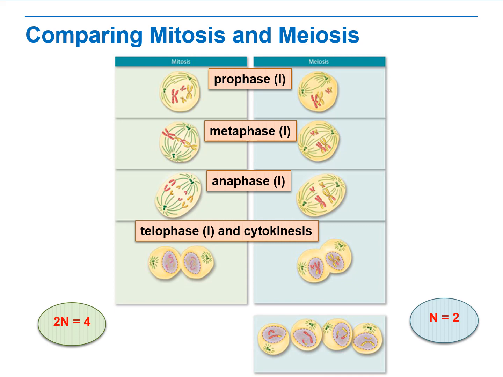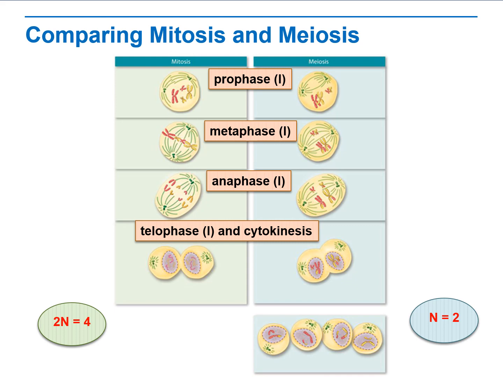In mitosis, when the two sets of genetic material separate, each daughter cell receives one complete set of chromosomes. In meiosis, homologous chromosomes line up and then move to separate daughter cells.